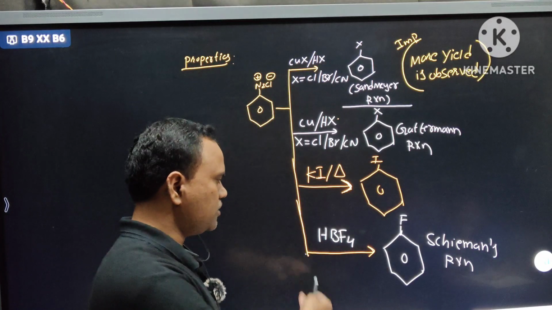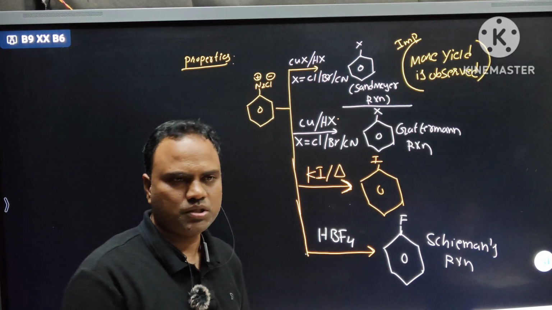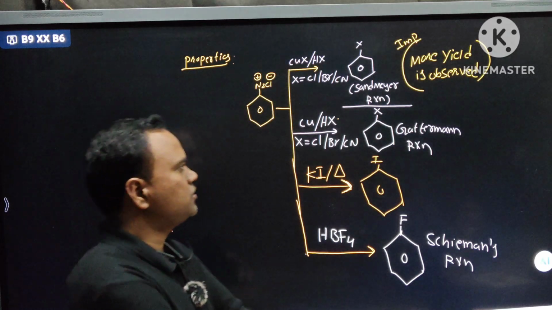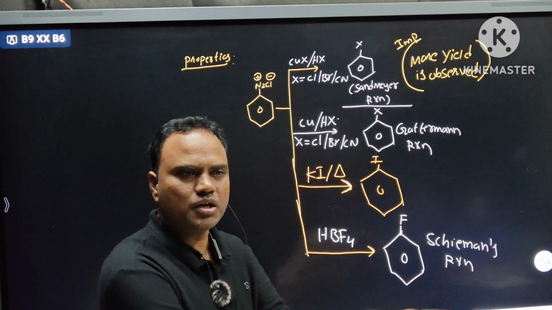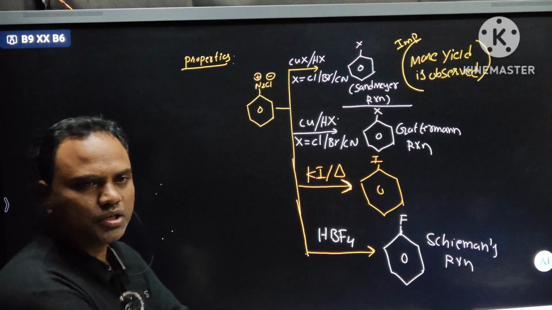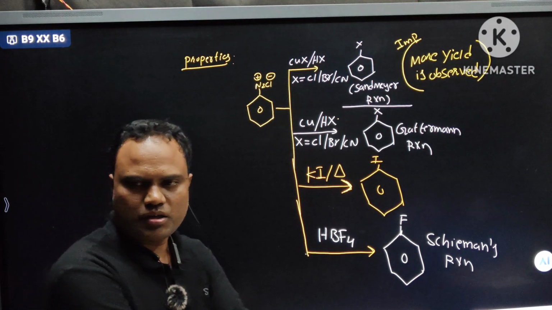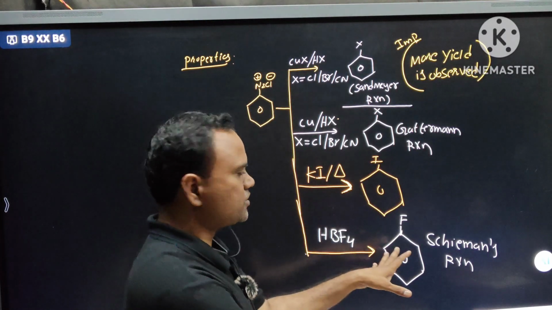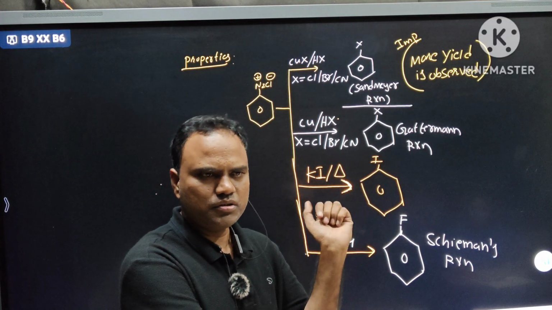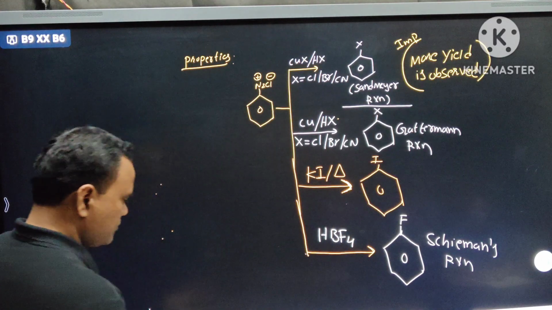This is over already in the first chapter, the Balz-Schiemann reaction, fluorination. Okay. So these are first chapter reactions only. Now let us see different reactions, new reactions. In the first chapter, we discussed about these only because there we have to prepare aryl halides. Clear? Right. Next.